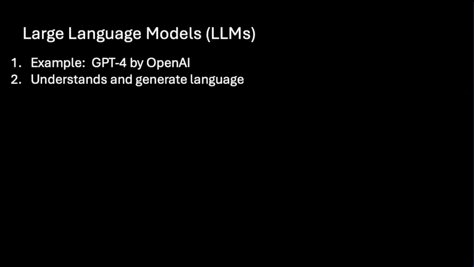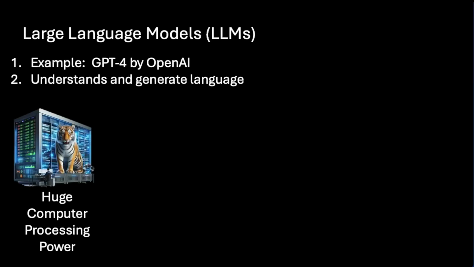All right, let's talk about the large language models, LLMs. You probably heard the most famous one, GPT by OpenAI. And what LLMs do, they actually understand and generate language. So the reason why LLMs have been so in the news lately is because we can actually really utilize them because we have huge computer processing power.